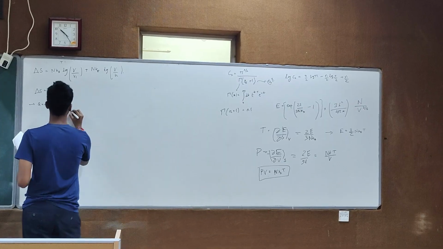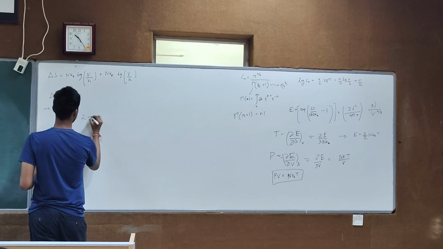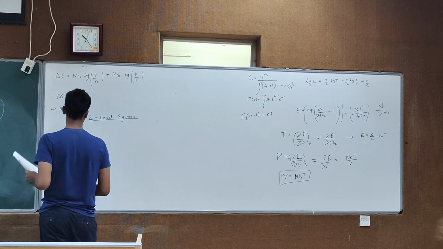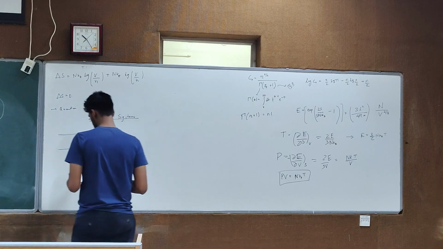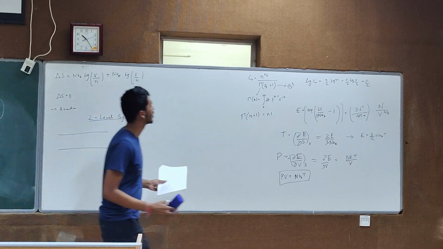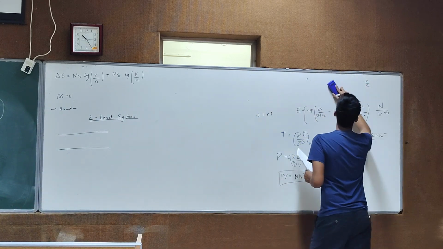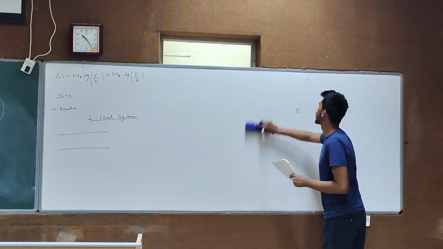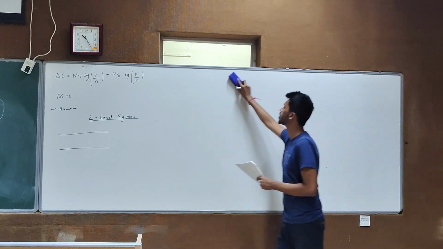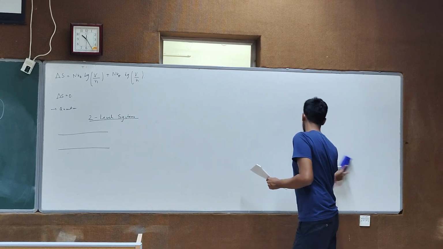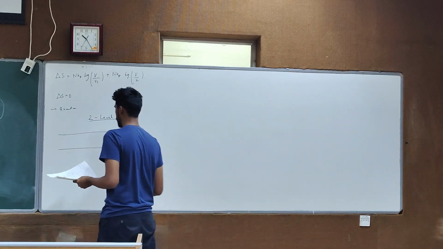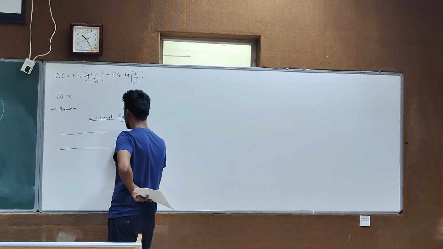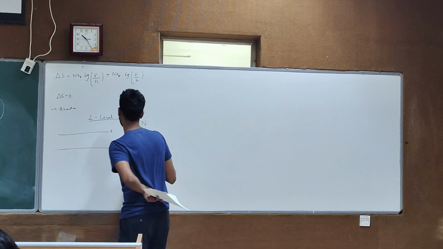So let's see one more type of system. Suppose you have total N particles, and they are arranged in such a way that they have either zero energy or they have some energy epsilon.